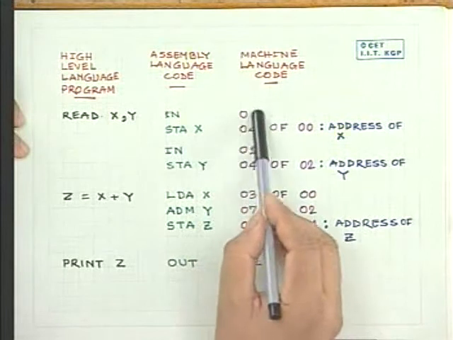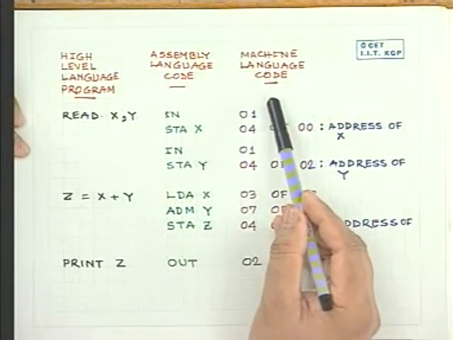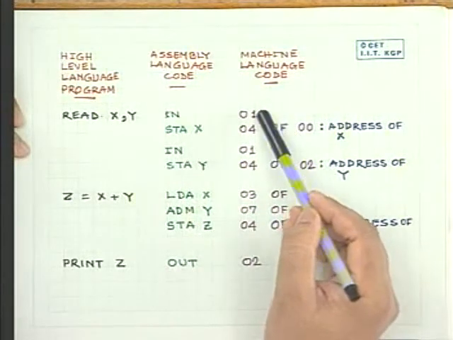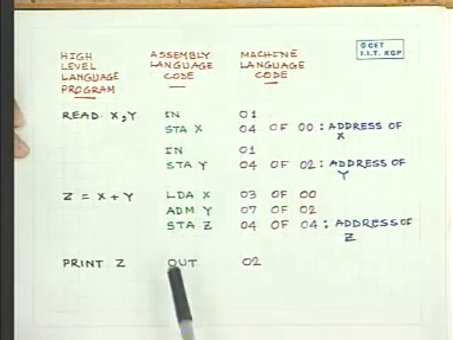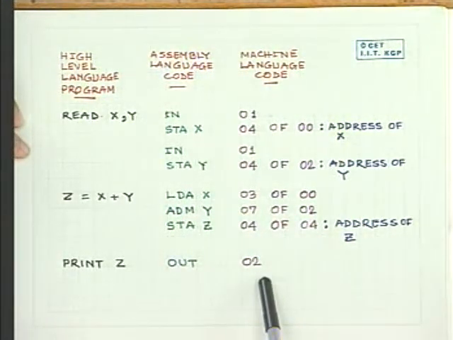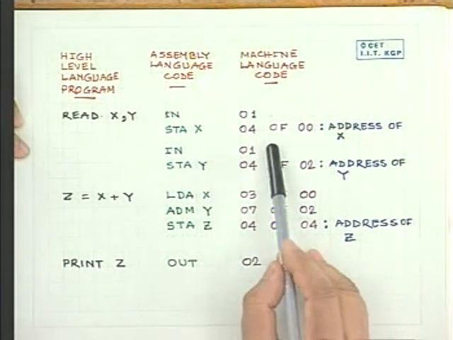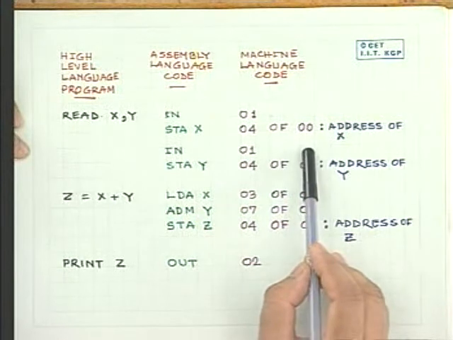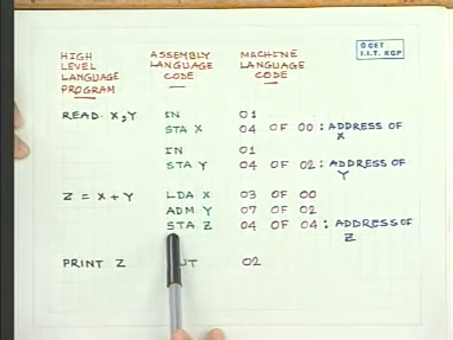For example, IN doesn't need an address because IN's address is implicitly the accumulator itself, and therefore need not be given explicitly. Another thing is apparent from here: I am talking about an accumulator based machine. That means the arithmetic operation results are kept in that accumulator.